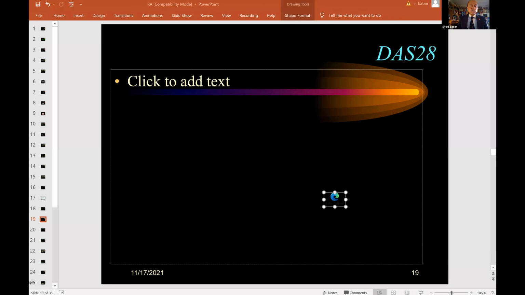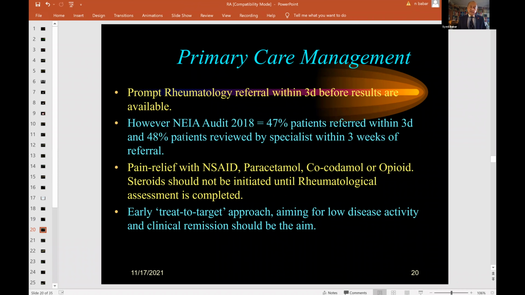And this leads to a calculation of what the category of the patient is in respect of how bad the rheumatoid arthritis is.